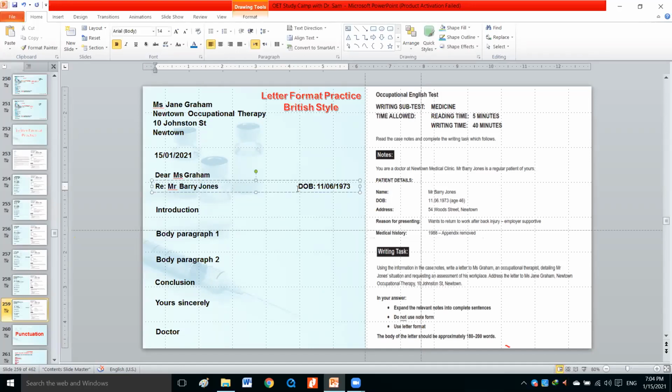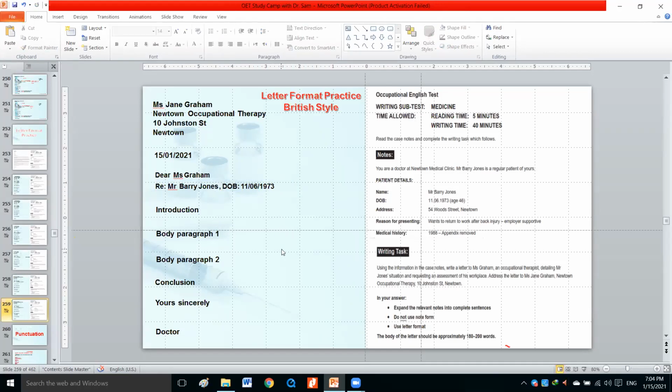Okay, simply you can write this DOB just under the name of the patient, this way. Or remove this long space and put a comma and one space, this way. Okay, doctor. Thank you very much.